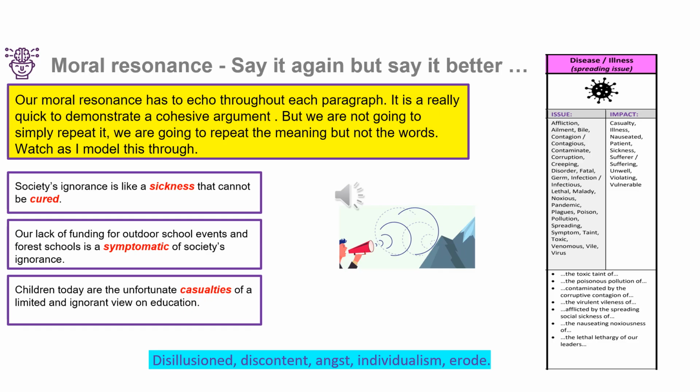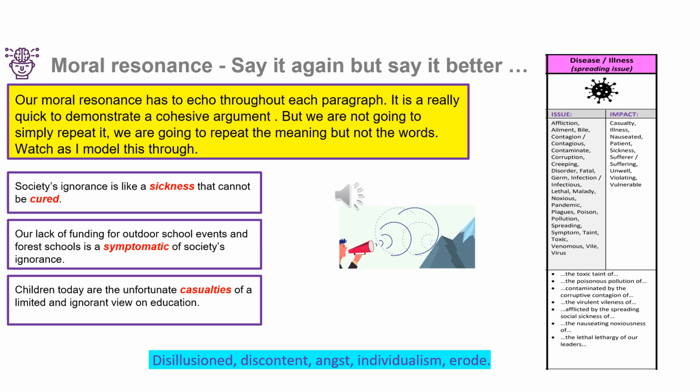So if I felt as though the real issue within society is ignorance, the reason why we have a poor education system is because of our ignorance towards it, I would therefore turn ignorance into a disease. It's something that plagues society. So you can see in my examples here, I'm going to use a statement that our lack of funding for outdoor school events and forest schools is symptomatic of society's ignorance.